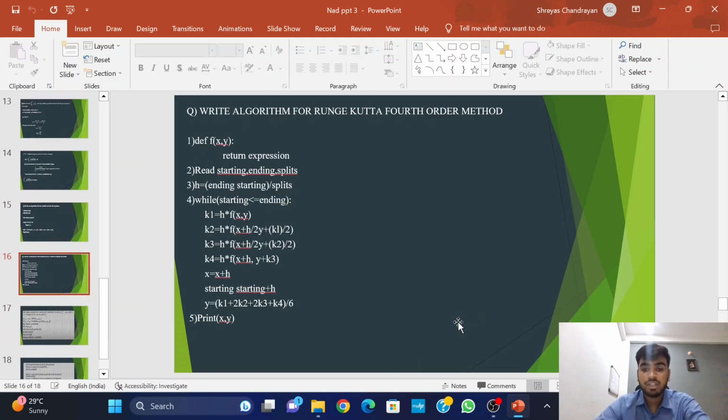Next, we have to write the algorithm for the Runge-Kutta fourth order method. First, define f(x, y), written expressions. Second, read starting, ending, splits. h is equals to (ending minus starting) by splits.